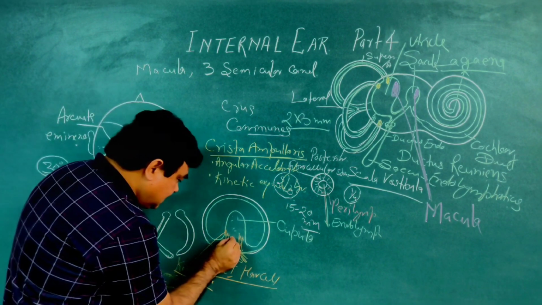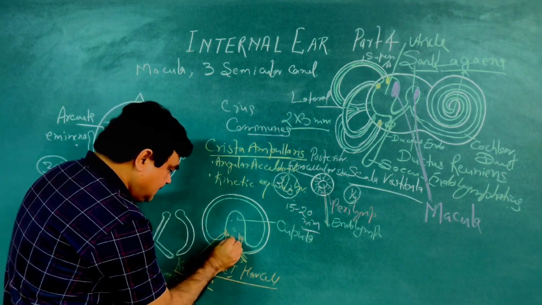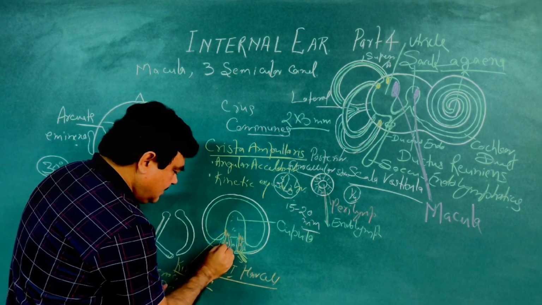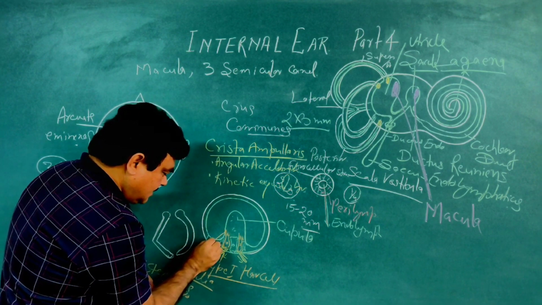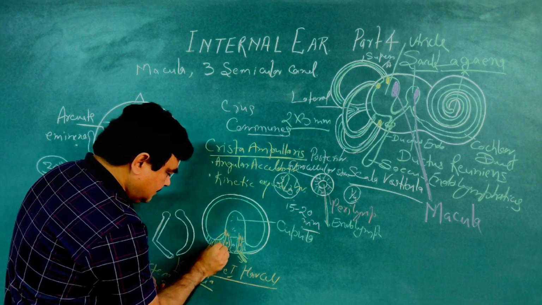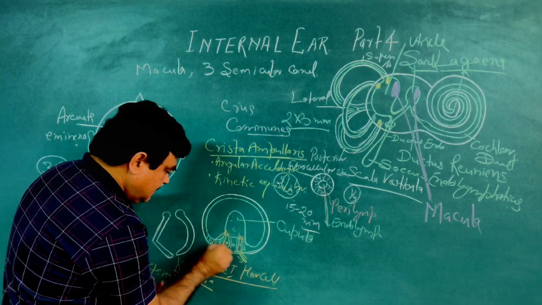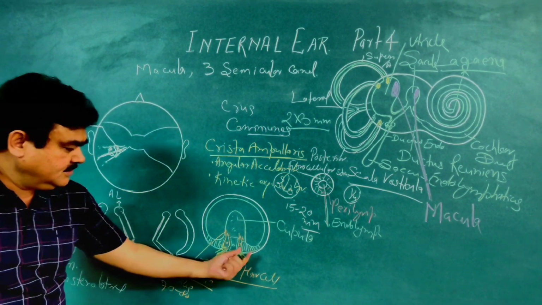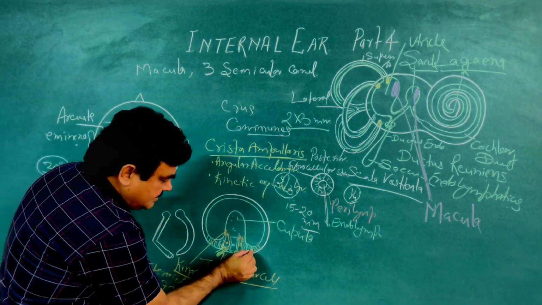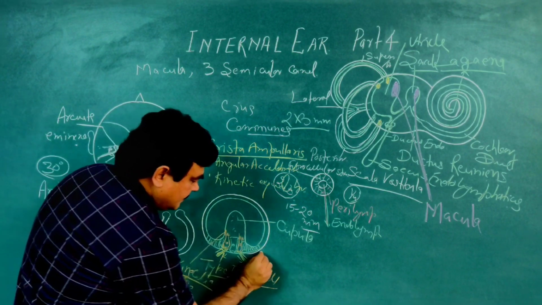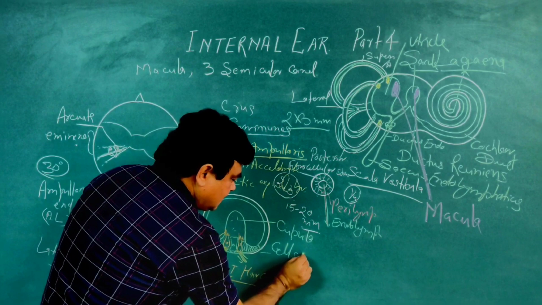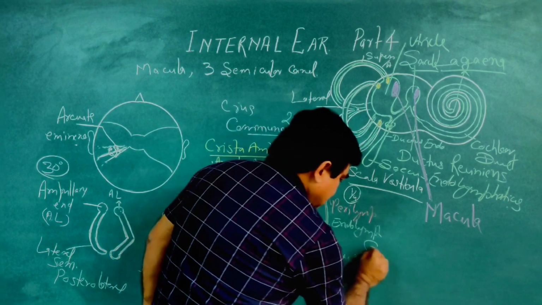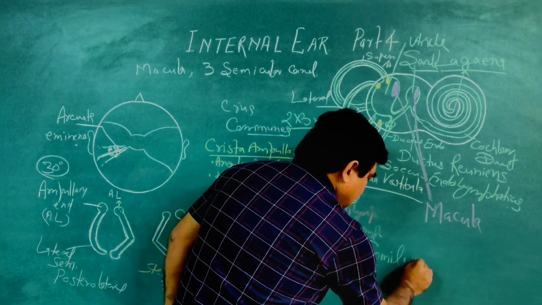And here are some supporting cells. This is supporting cell. And lateral to this, lateral to the supporting cell, there are numerous cells, which are known as cells of the planum semilunatum.